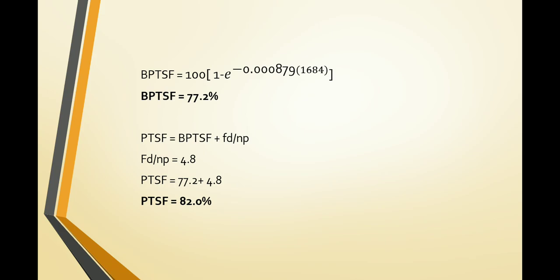Now we're able to get the PTSF, which is equal to BPTSF plus FD over NP. FD over NP is equal to 4.8. So PTSF is equal to 77.2 plus 4.8, so PTSF is equal to 82.0%.